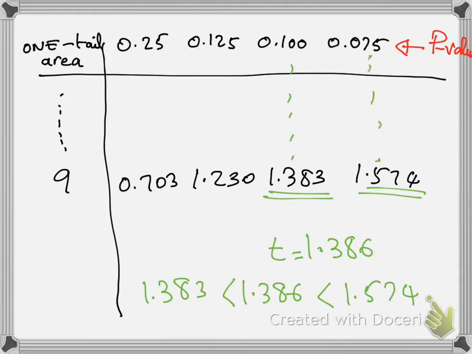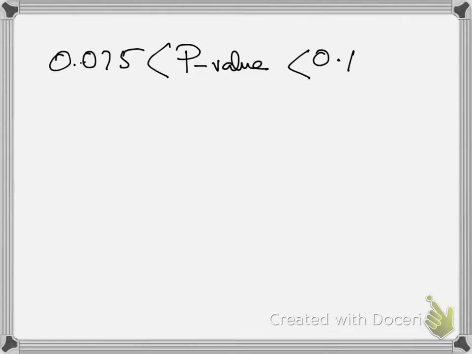So your p-value is going to be between 0.1 and 0.075. So my p-value is going to be between 0.075 and 0.1.